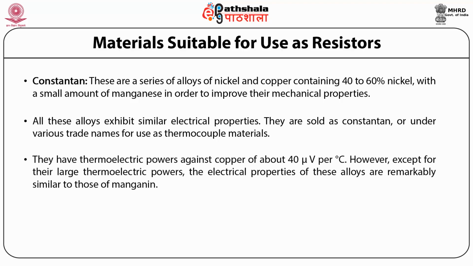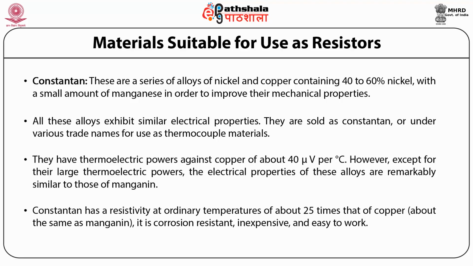They have thermoelectric powers against copper of about 40 microvolt per degree Celsius. However, except for their large thermoelectric powers, the electrical properties of these alloys are remarkably similar to those of manganin.